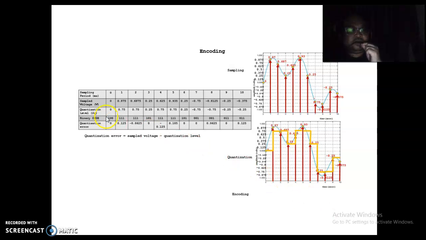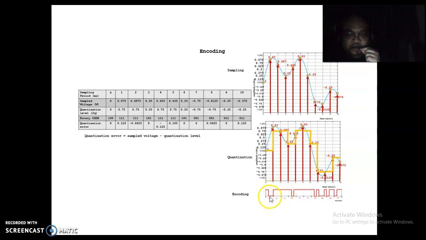After quantization, you have the binary code equivalent. What will happen in encoding is, at the exact period, you assign the 3 bits to the equivalent pulse. For example, at time 0, that is 100, you just assign 1 and then off. Then 111.